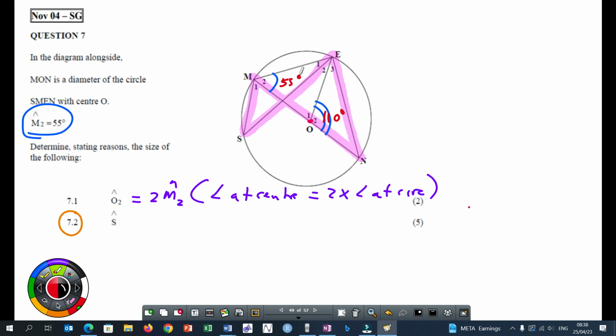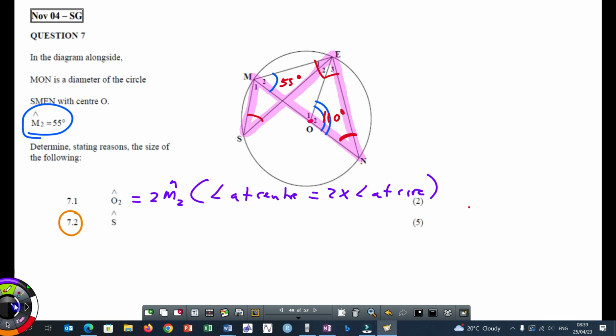Because I want to find angle S, all I have to do is determine the size of angle N. To find angle N, I know that this angle here is going to be 90. It's an angle subtended by diameter at the circumference. So 90 plus 55, subtract the sum from 180, I'll get angle N. And then I'll be smiling.